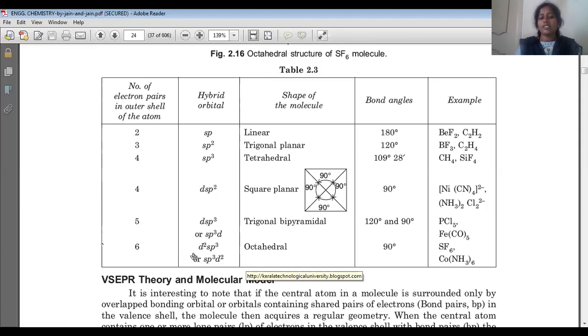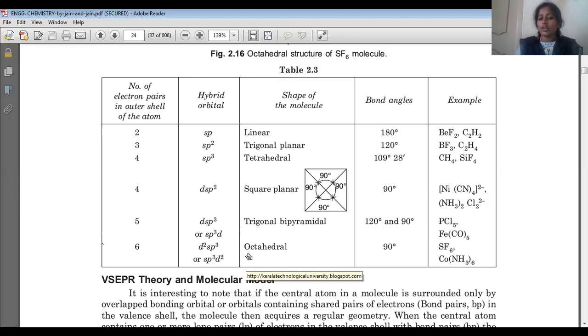Next type of hybridization is d2sp3, which is also called sp3d2. So in inner sphere d2sp3 will be there, outer sphere sp3d2 hybridization will be there. Both types are possible based on the nature of ligand present. In both the cases, 6 electrons are involved and 6 orbitals are participating in the mixing.